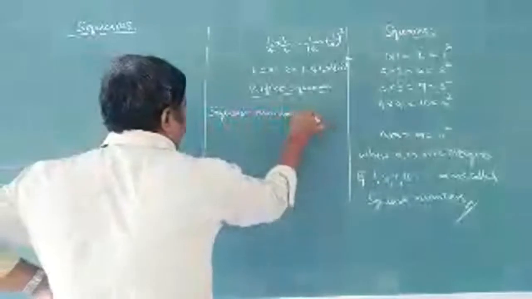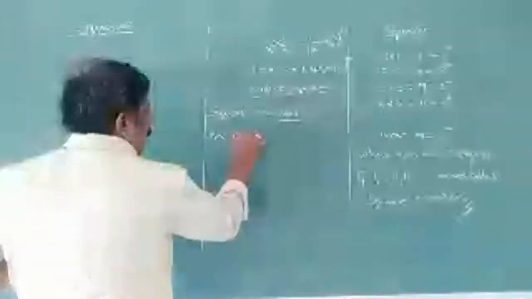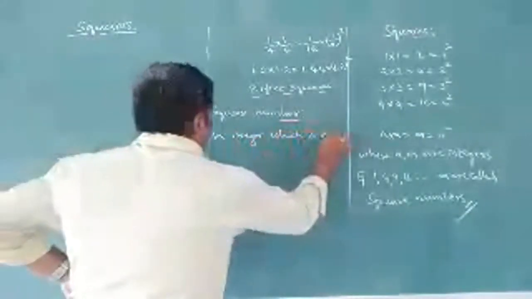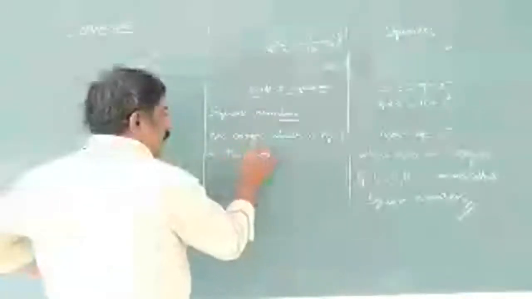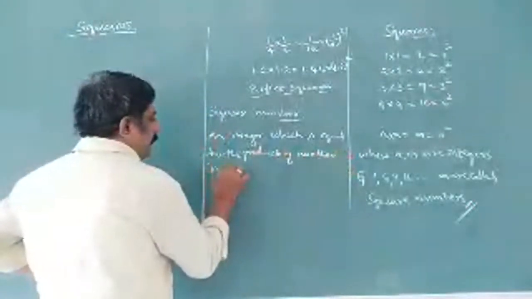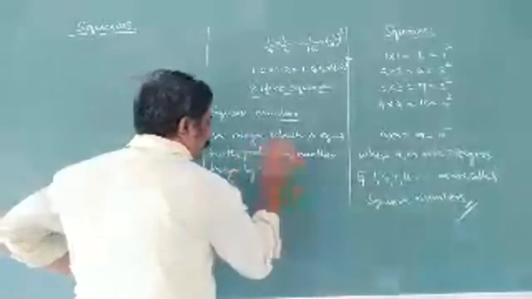So we'll write the definitions here. What is a square number? A square number is nothing but an integer which is equal to the product of another integer by itself.